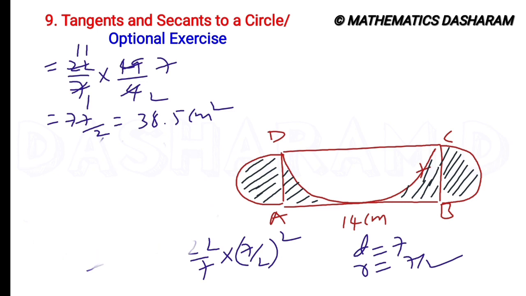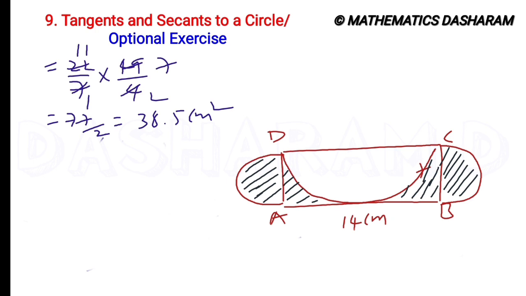Next, the area of another semicircle. Where is that? Here, this one. But this area was not shaded. We need this one; this area is required.